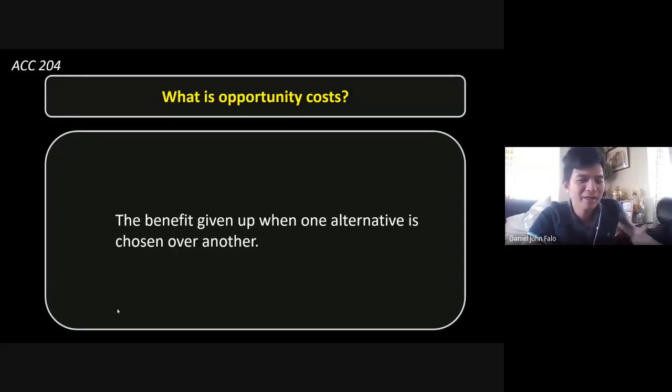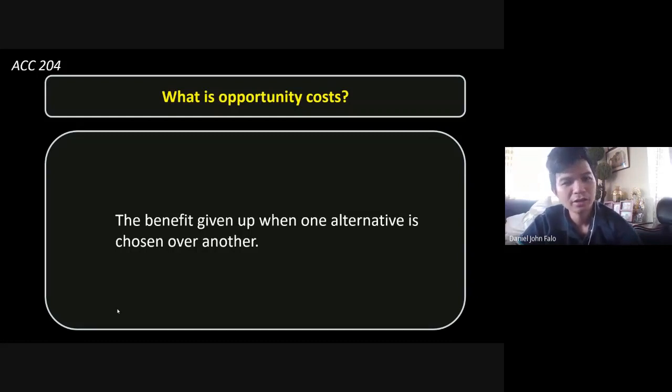Pero, in making decisions for the management, kailangan nating i-weigh yung opportunity cost from each alternative. Siyempre, may pinakamataas opportunity cost, I think doon ka. Siyempre, yung benefit that would be given up if the one alternative is be chosen over the another. So, ganun yung tinatawag nating opportunity cost.